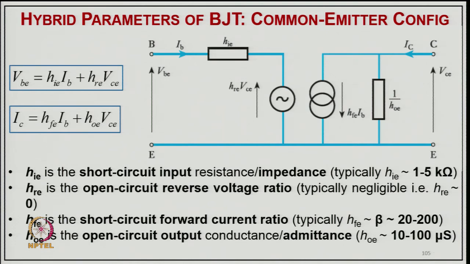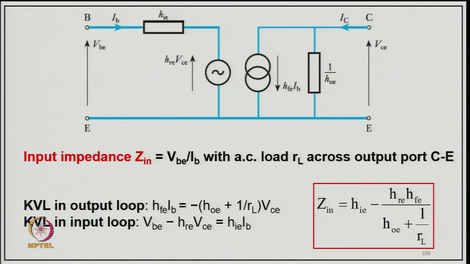So, these are the typical values for a common emitter transistor circuit. The input impedance is Zin, which is VBE divided by IB, with the AC load resistance RL across the output port. Applying KVL in the output loop, we can say hfe IB equals minus (hoe plus 1 upon RL) multiplied by VC, the voltage applied here.